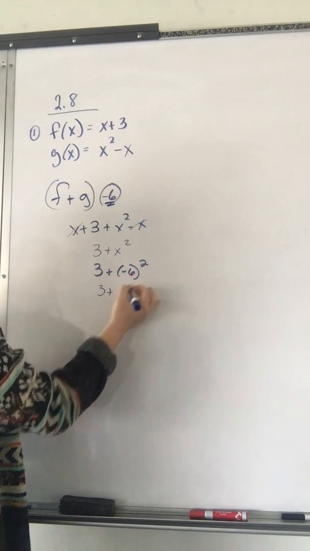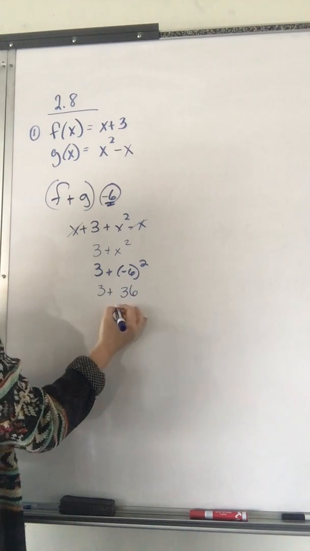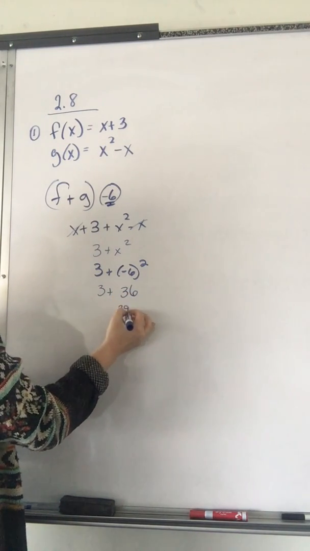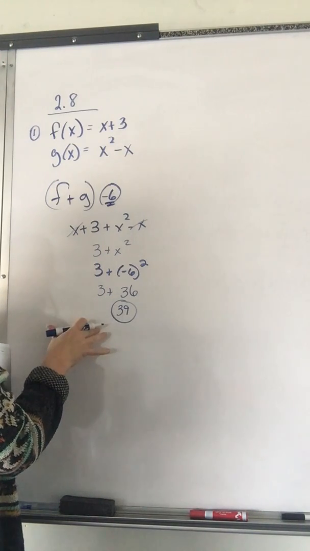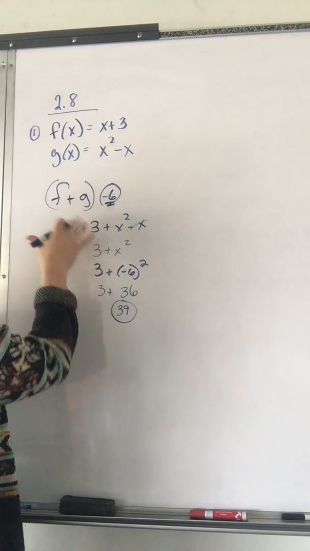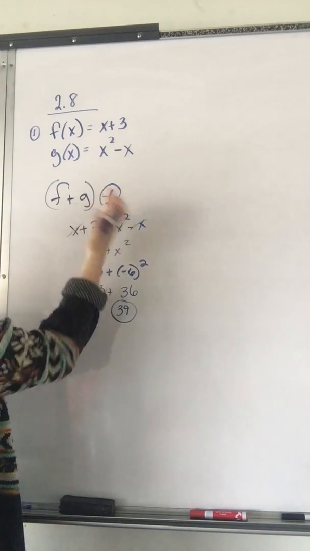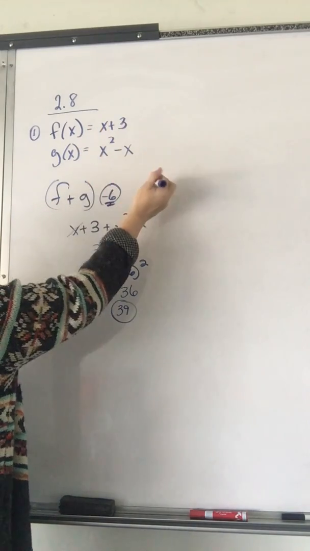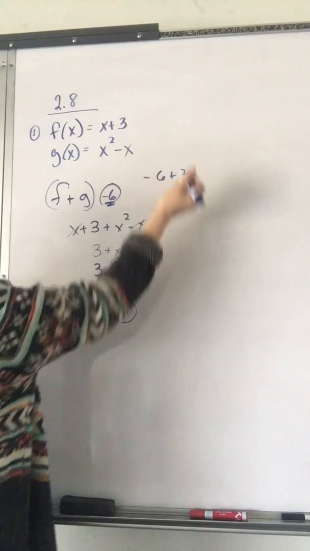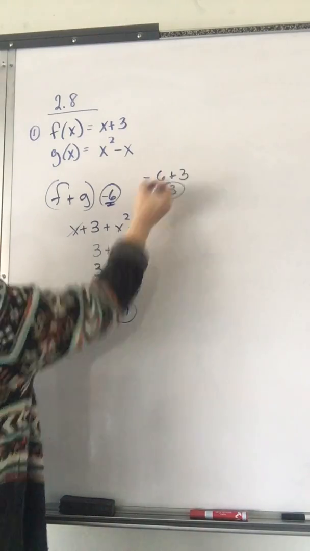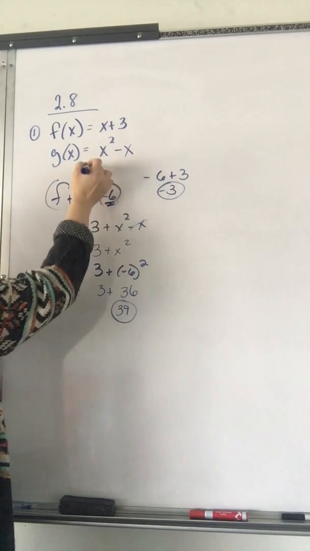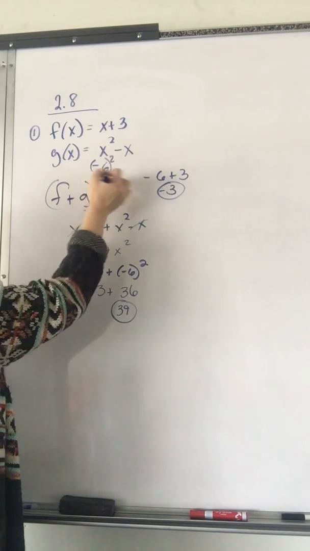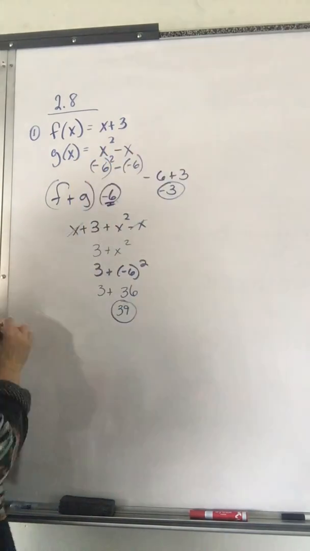I can work it on my calculator or by hand. That'll be -6 squared is 36, making 39, the final answer there. Notice I would have gotten the exact same answer if I had done these individually. I could have worked f of -6, put -6 into function f, and had -6 plus 3, which is -3. And then done g of -6, put -6 in for these x's, that'll be -6 squared minus -6.